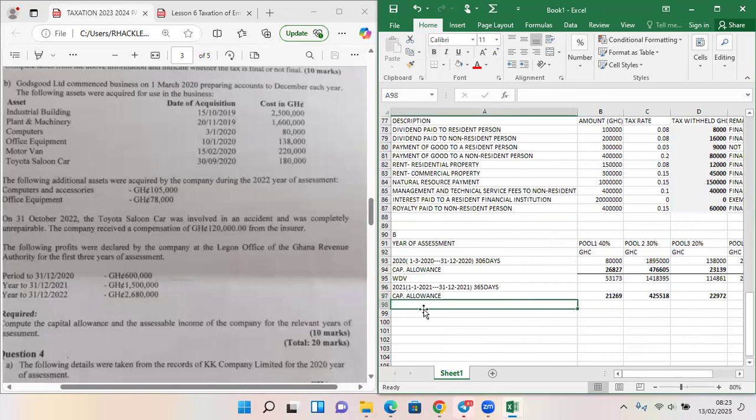Right, so the written down value, let's spread it.